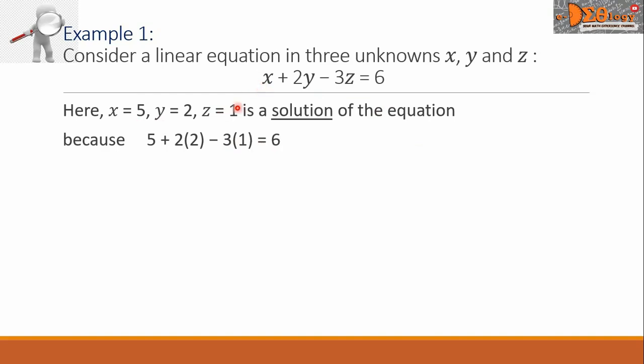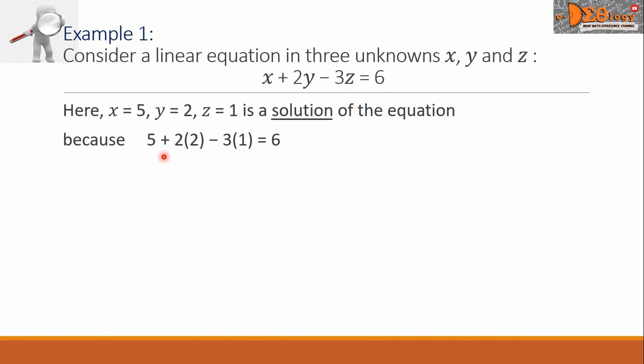So the x becomes 5 plus the 2y, we write it now as 2 times 2, minus the 3z becomes 3 times 1, equals the constant 6.